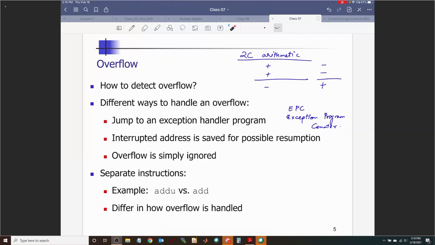Add u, it's unsigned, don't really care about overflow. Add, it's a signed instruction, I do care about the overflow because I have a limitation on the number of bits for the operands, and for the instruction, I have specific places to look at sign, and for the rest of the bits to look for the magnitude of the result.